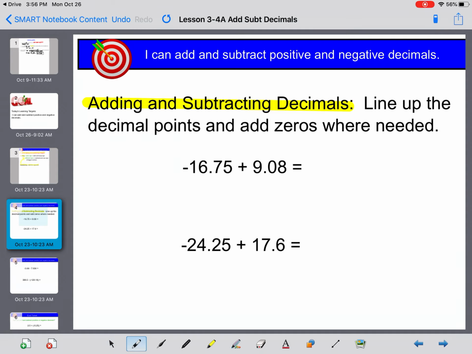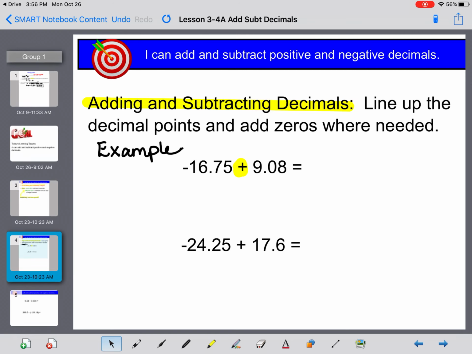This first example, I see that I have negative 16 and 75/100ths plus 9 and 8/100ths. I notice that I'm adding and that the sign of the two numbers are different.